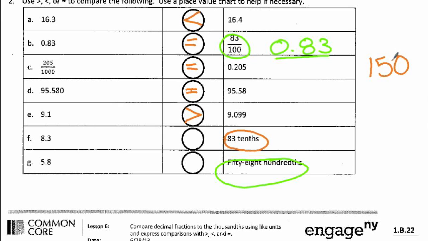If 1 penny is worth 100th, how many hundredths do I have? 1. 50 cents. No. Let's think about this. I have 150 pennies. How many hundredths do I have?